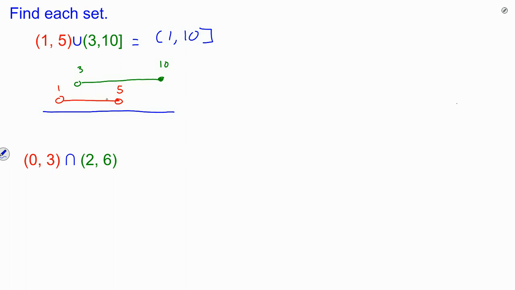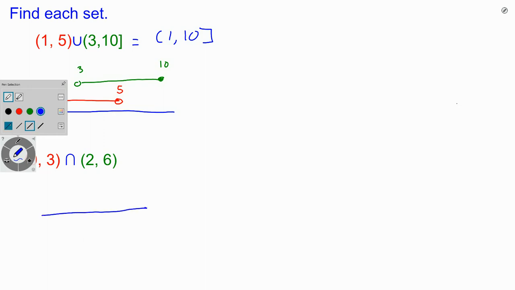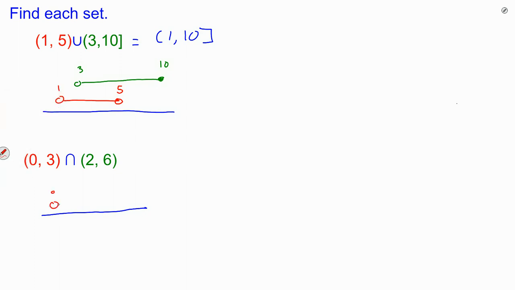Now let's do the same thing with the intersection. With the intersection, we're looking for what elements they have in common. Let's start with the red one. We're going from 0 to 3.